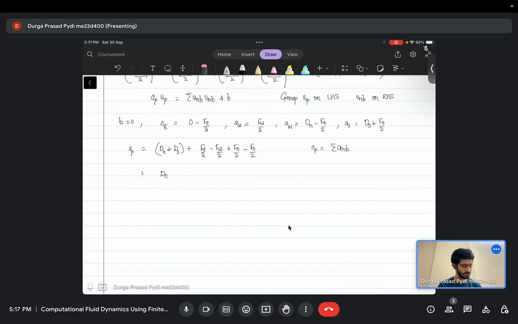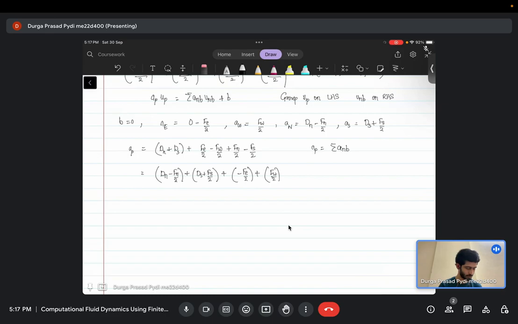So if you see, Dn is coupled with minus Fn by 2, and Ds is coupled with plus Fs by 2, and in addition I am having A east is minus Fe by 2, A west is Fw by 2.